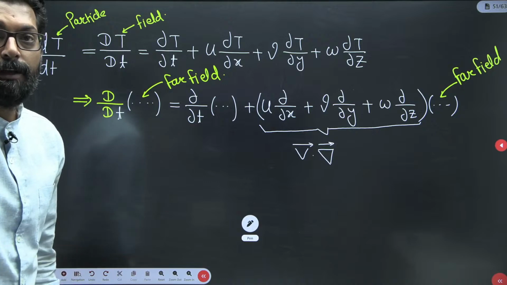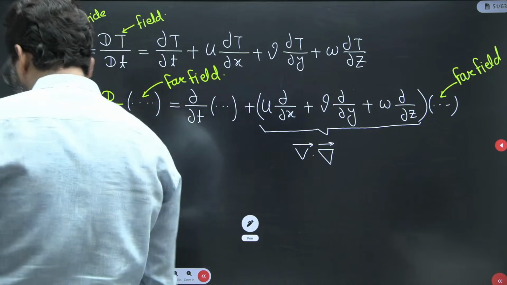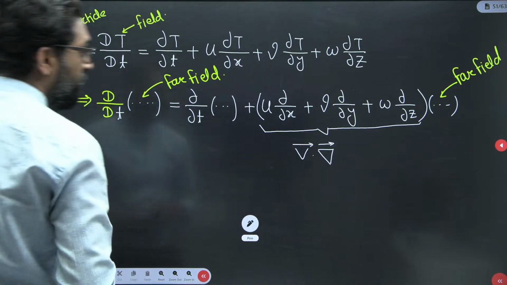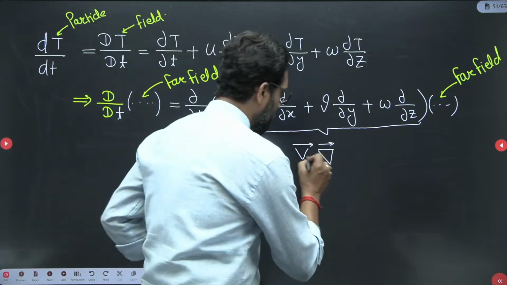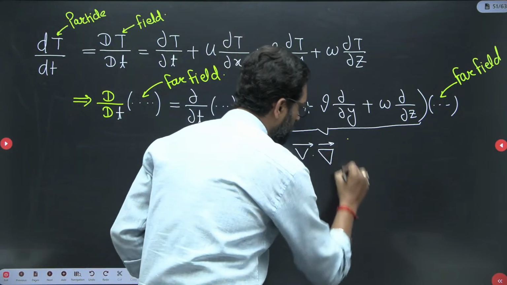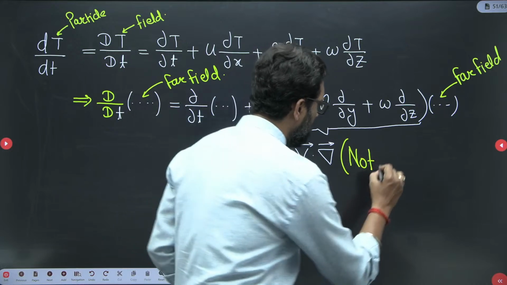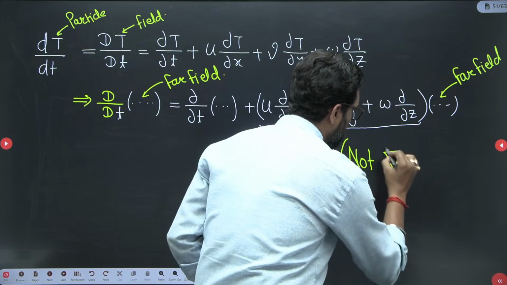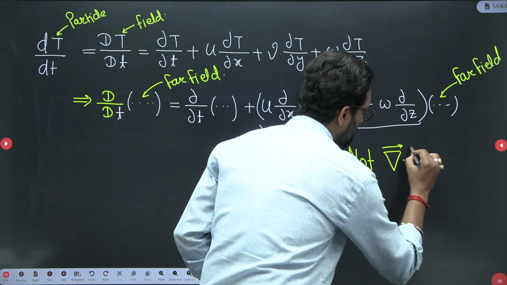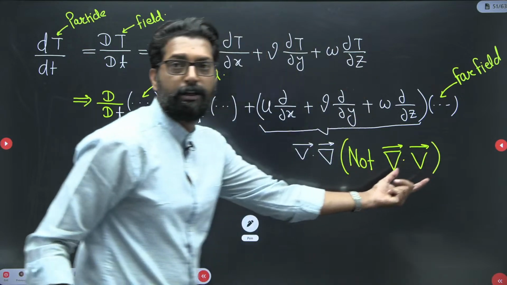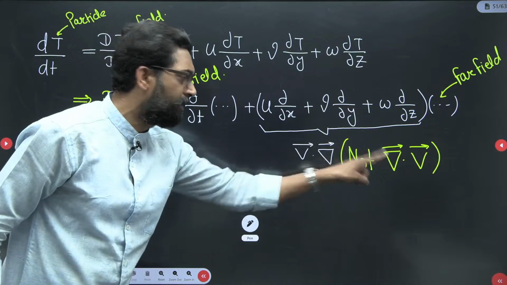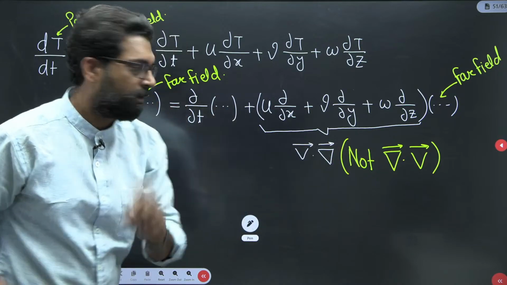There is a very big difference between V dot del and del dot V. This is V dot del, not del dot V. Very big confusion. Students say, yes sir, okay, no problem, anything will write. No, I will check.